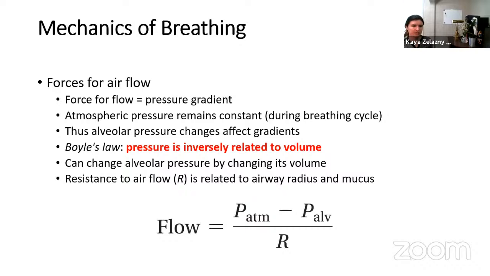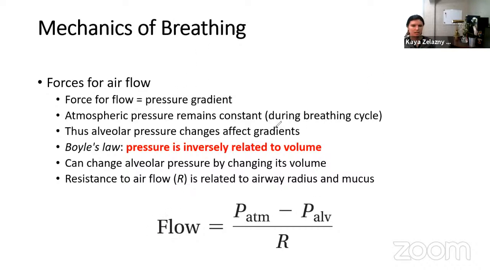So we know that the force for airflow is the pressure gradient, right? And a gradient is just where you have two different pressures, and we want flow to happen from high to low. So if we look at our exact equation for the flow, I'm just gonna circle, right? So this flow equation is very similar to our flow equation for our cardiovascular system, right?